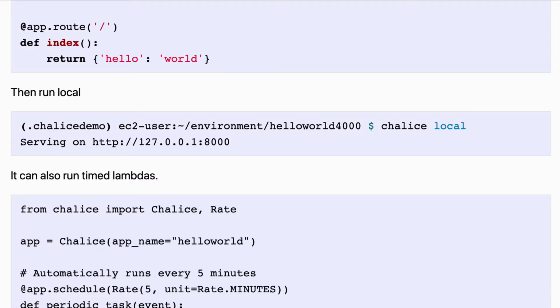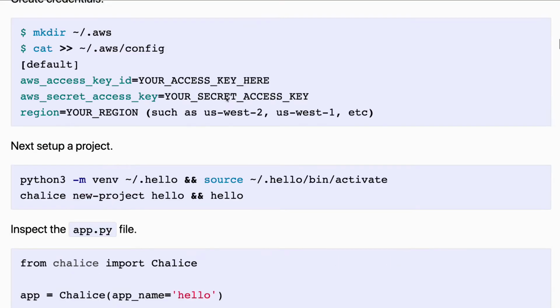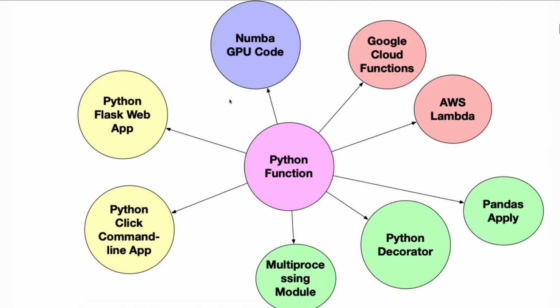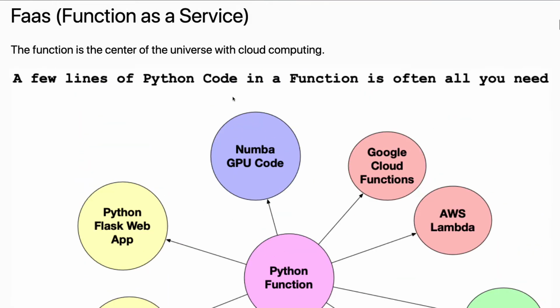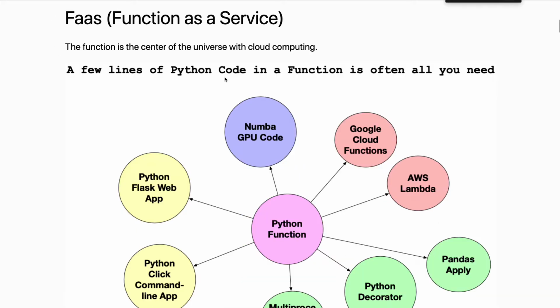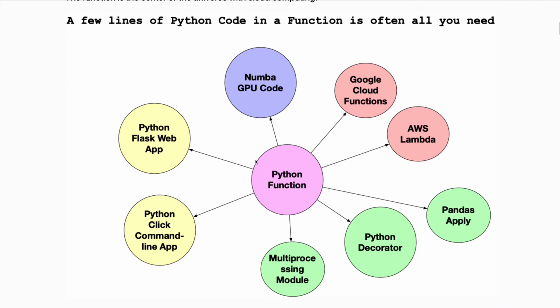And I'm going to show this notebook here and just talk about this concept again of function as a service. So if you think of function as a service, it really is the center of the universe, right? With cloud computing. And I basically talked about some of this a little bit ago, but with just one function, you can build web apps, command line tools, do parallel computing, decorators, pandas operations, do lambdas, Google Cloud Functions, do GPU programming.